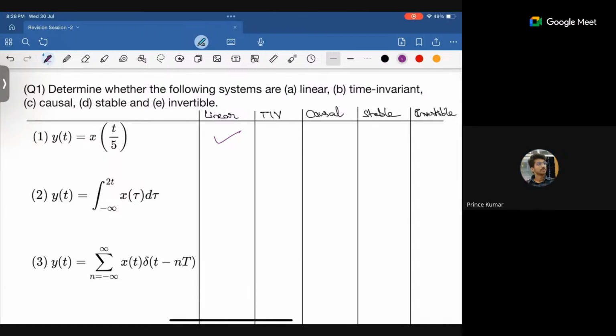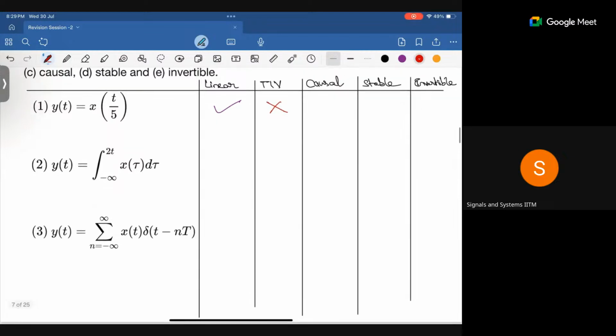No. Okay. So one of you said no. Any other answers? No. Good. So it is no. So scaling, remember, if you are doing scaling, it is not time invariant.